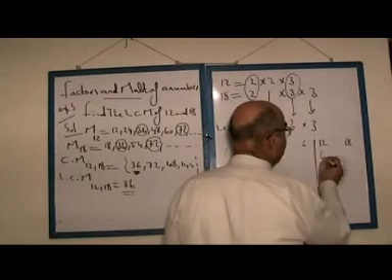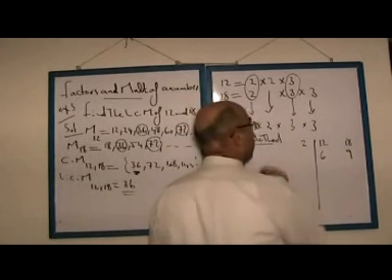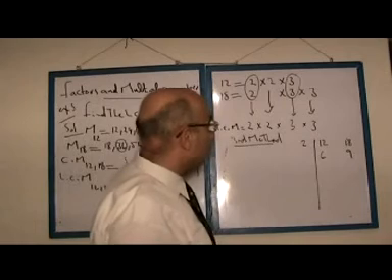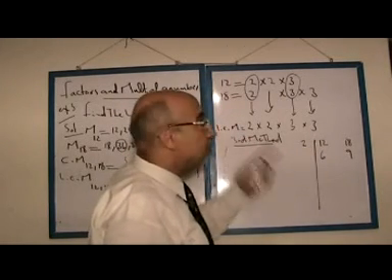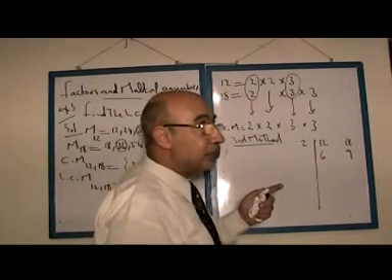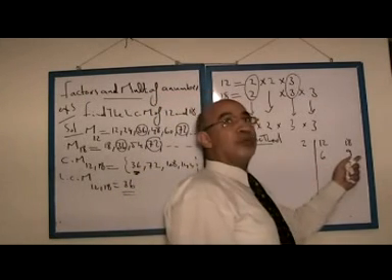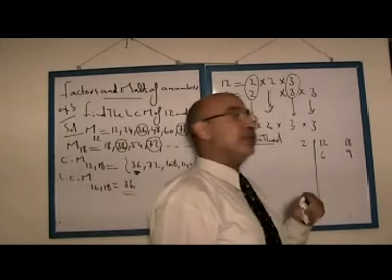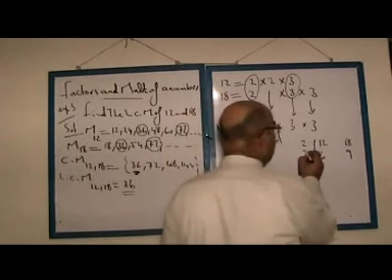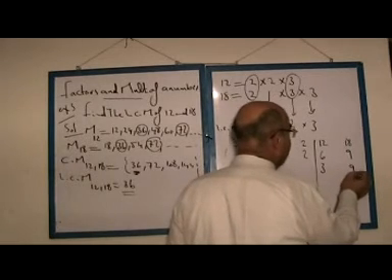By 2, this will be 6. By 2, this will be 9. Then I can try 2 again. Somebody might say to me, look, but 9 is not divisible by 2. The rule is, you keep dividing by the number, even if one of the numbers is not divisible by 2, you leave it as it is. If it's divisible, you divide it. So here we divide by 2 again. This will be 3, but this is not divisible, so we leave it as it is.